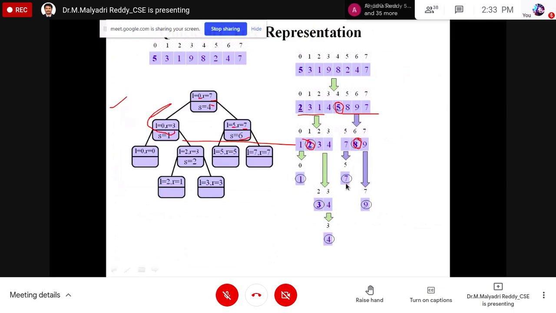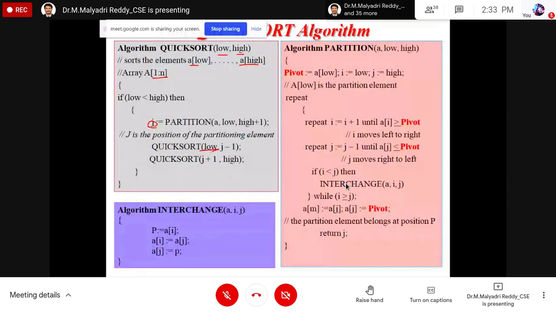Low to the pivot position 4, the j position. Low to j minus 1. J itself is 4 here. Position j plus 1 to high position, the right subarray. Same procedure is repeated until you get the complete sorting.